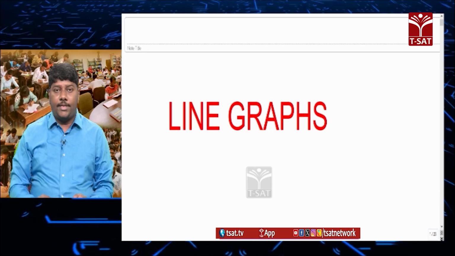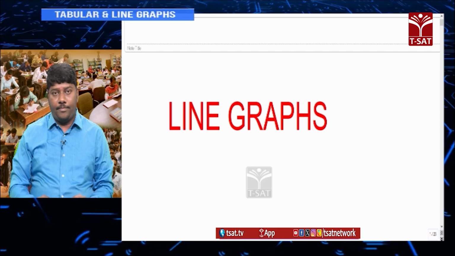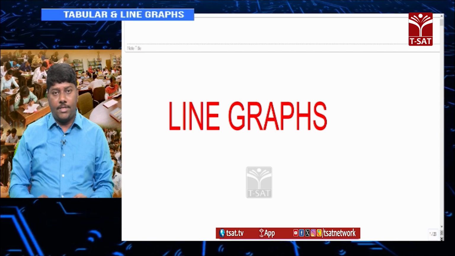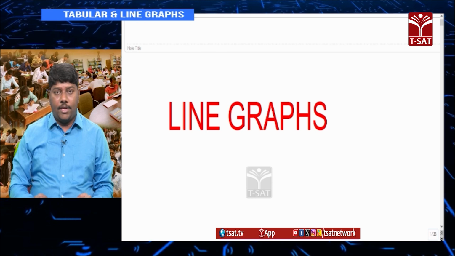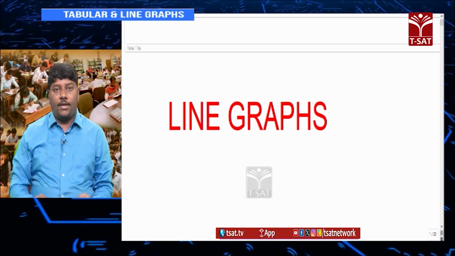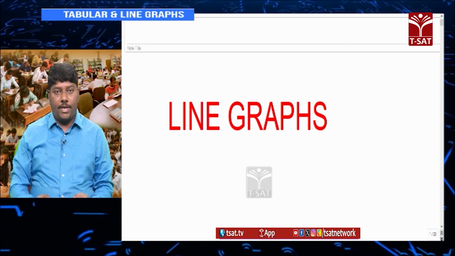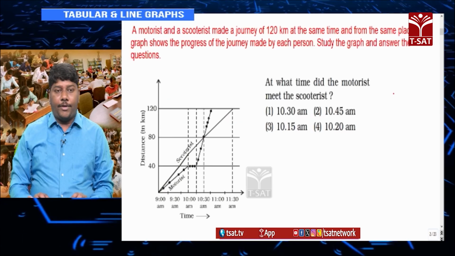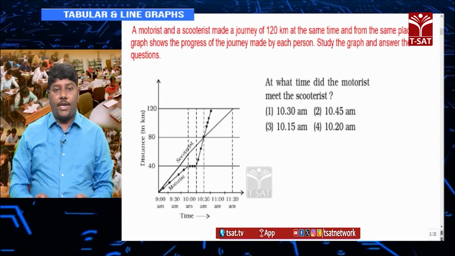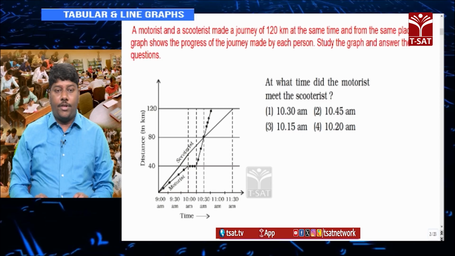Now we come to line graphs. Table graphs are similar, but the representation is in lines. That's the only thing. There we represented in terms of tables; here we are going to represent everything in terms of lines, but the way we look at the data varies. So let's look at the data given in line graphs. See the graph here, a motorist and a scooterist.